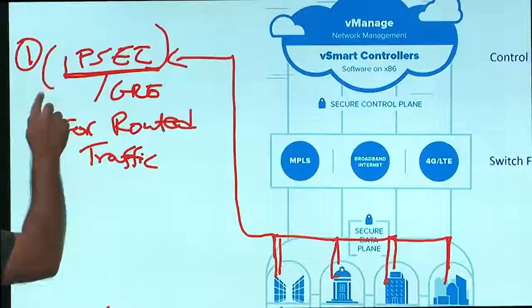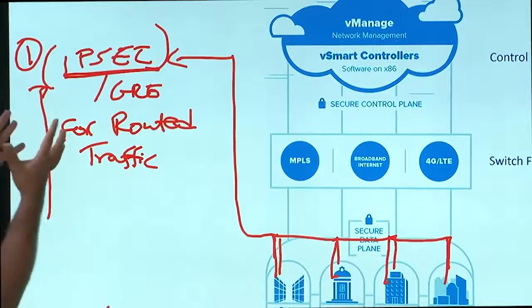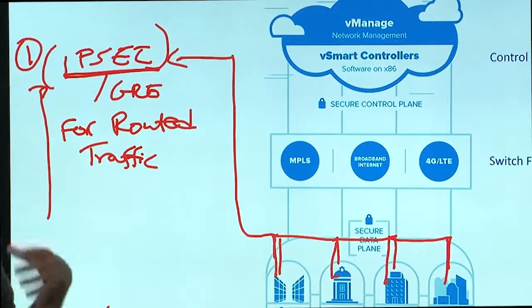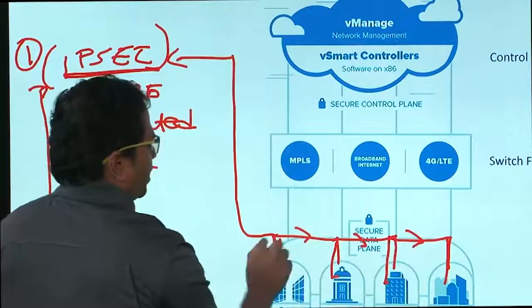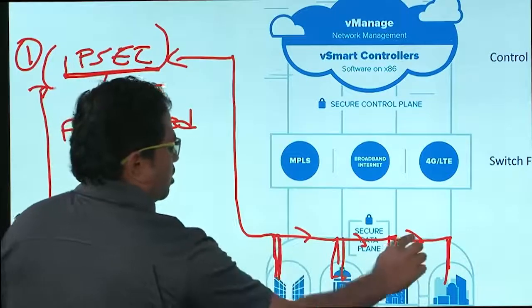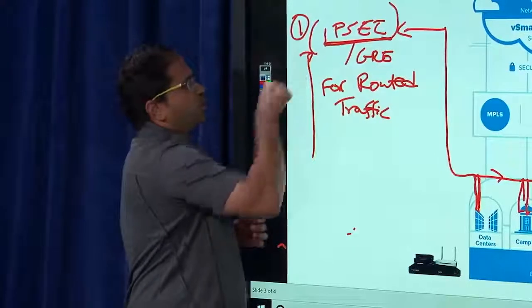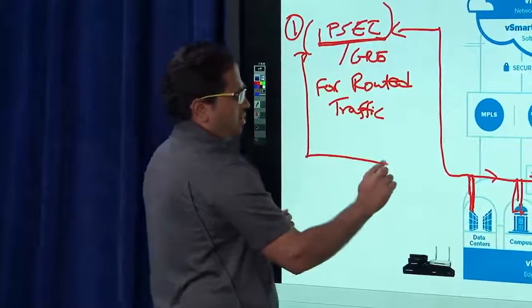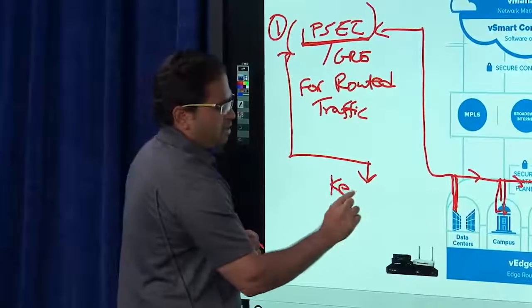What you need is some security protocol that actually forms a secure channel for your branch devices. What does IPsec need? It requires a key exchange.